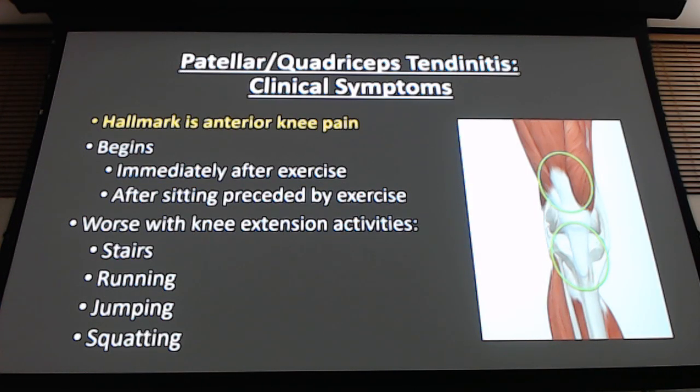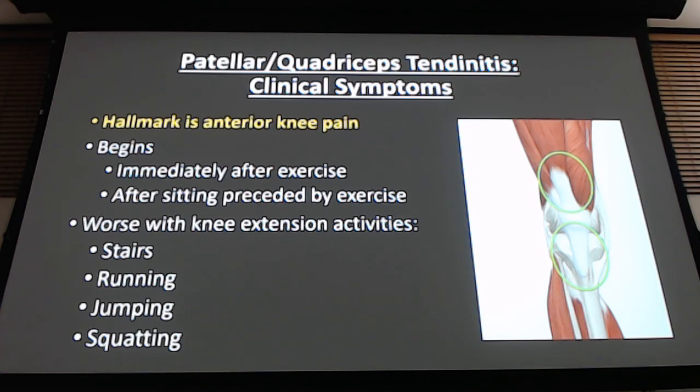Okay, the hallmark is anterior knee pain. So again, is that helpful? No. Read the question, dig a little deeper, focus in on the anatomy, the hints that are being given, and this scenario is going to drive you to the correct answer, okay? Anterior knee pain, yes, it is the hallmark, but it's not specific or sensitive. It begins immediately after exercise. Again, this is tendonitis, so it's the itis.